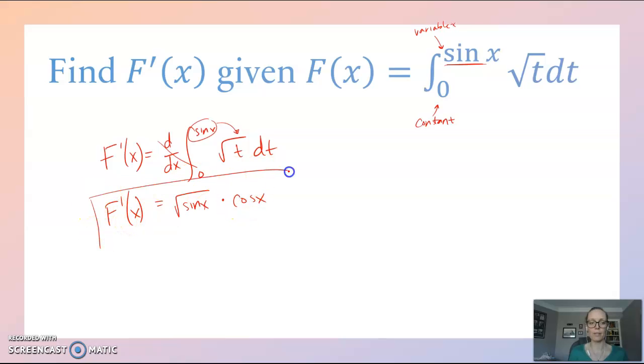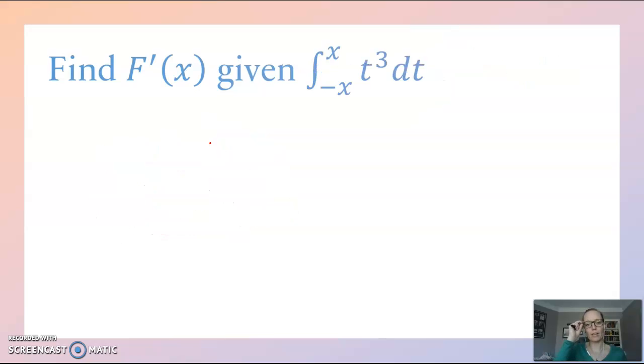So this is the application of the chain rule in the context of the second part of the fundamental theorem of calculus. So we are deriving the integral, which cancels out and replaces the placeholder with the upper bound. But since the upper bound had more than x, we also had to derive the upper bound.